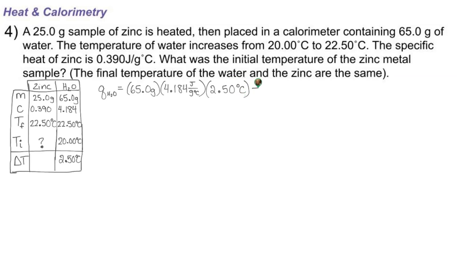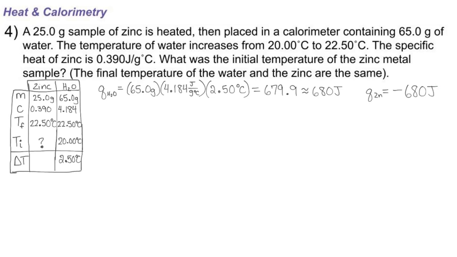So our Q for our water, if we multiply all that out, I got 679.9, but of course we are actually going to round this to just 3 sig figs, so 680 joules here. So that means that if the Q for the water is 680 joules, the Q for the zinc must be the opposite sign of that. So it must be negative 680 joules.